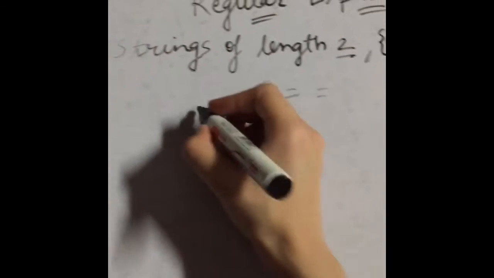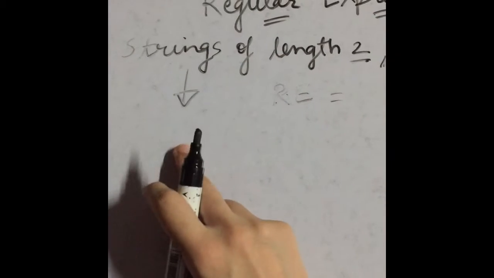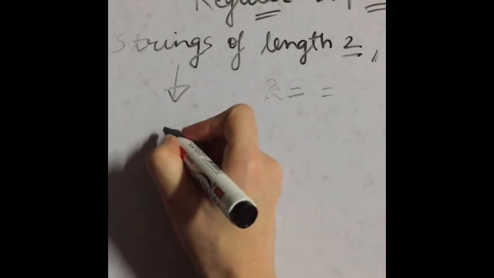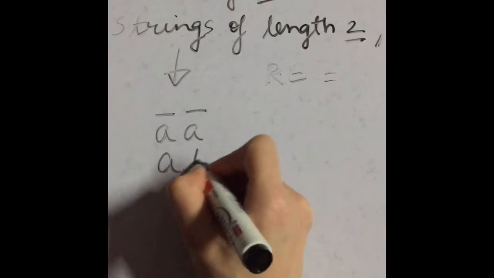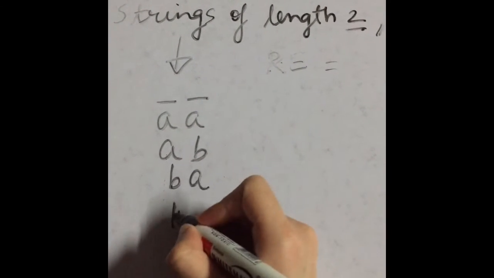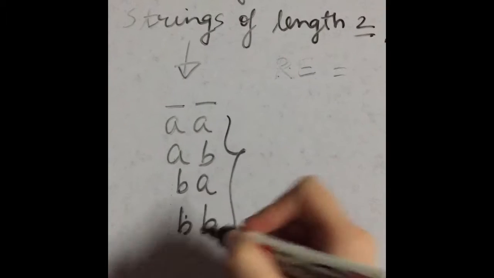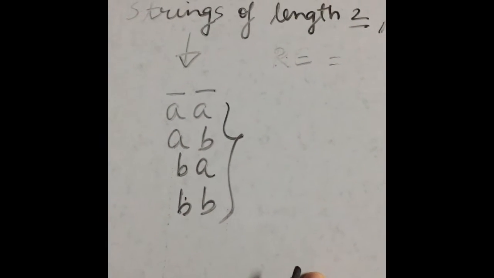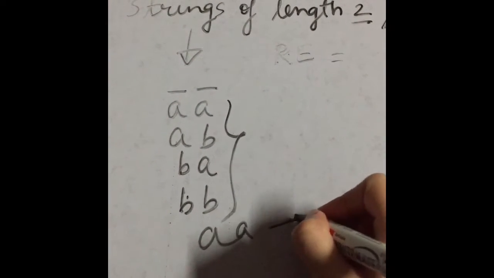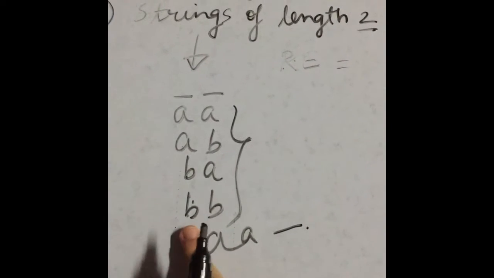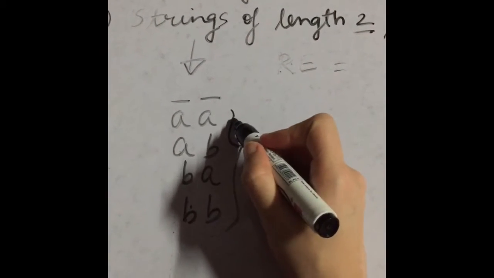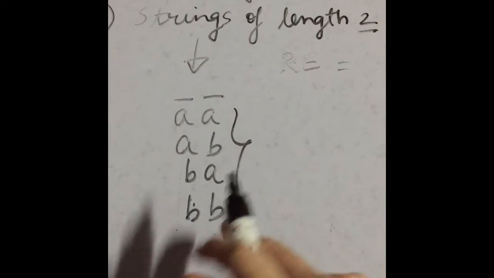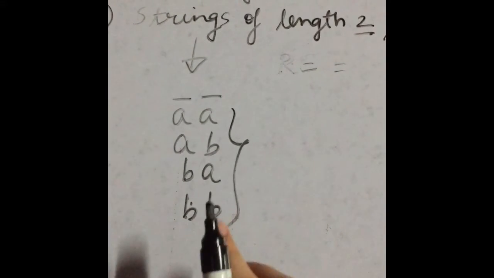Because the strings of length 2 are AA, AB, BA and BB. I think not more than 4, because if it were AAA, then the length would be 3. So the length is fixed, which is 2.